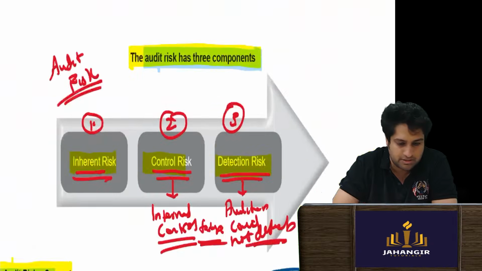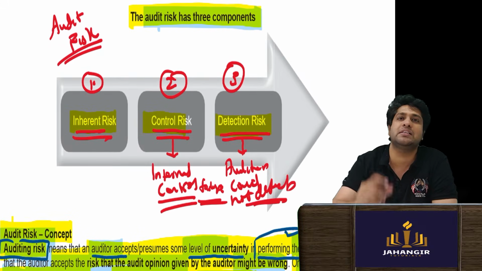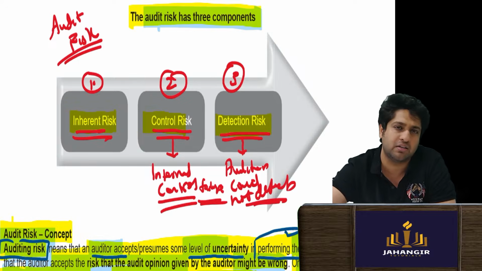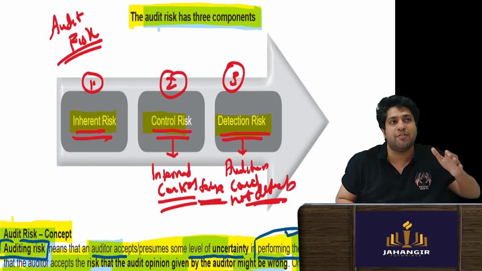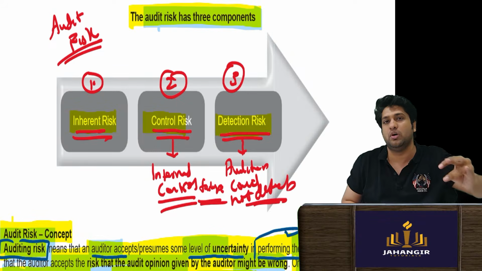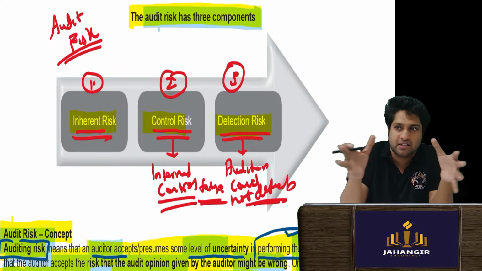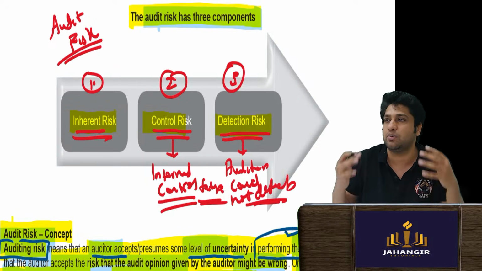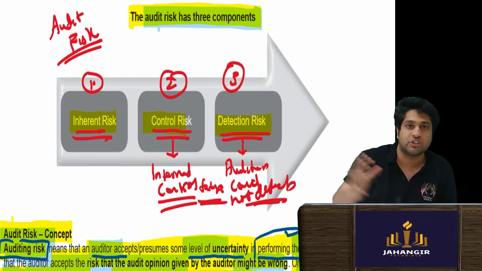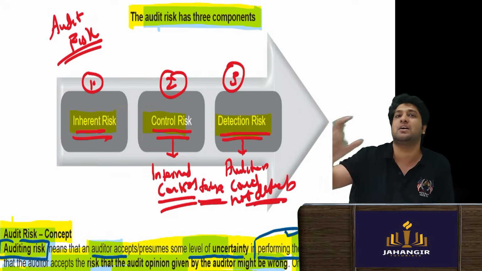Now coming to the next one, audit control risk. Whenever they say the word control, they are talking of internal control. So what do you mean by internal control? Every policy, process, program, rule made by the company to control its internal framework. So if I try to ensure that I have proper control over my employees, that is called control risk. It is possible that my internal controls cannot detect it.